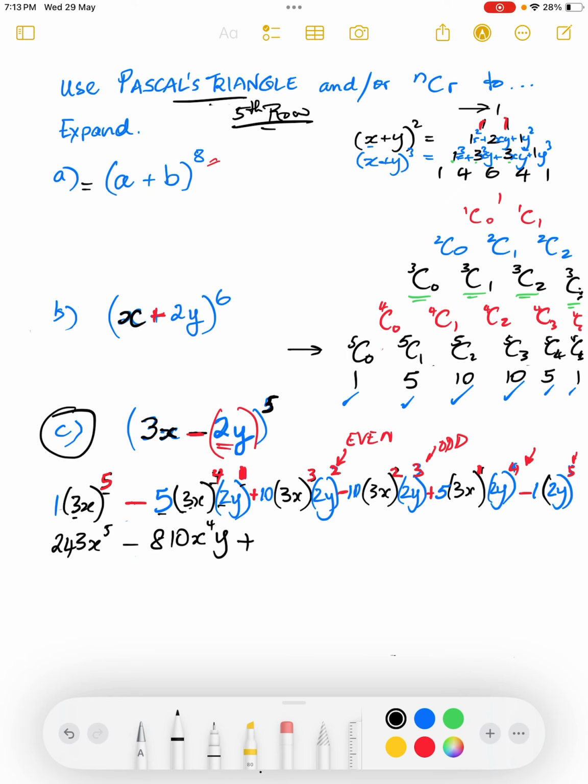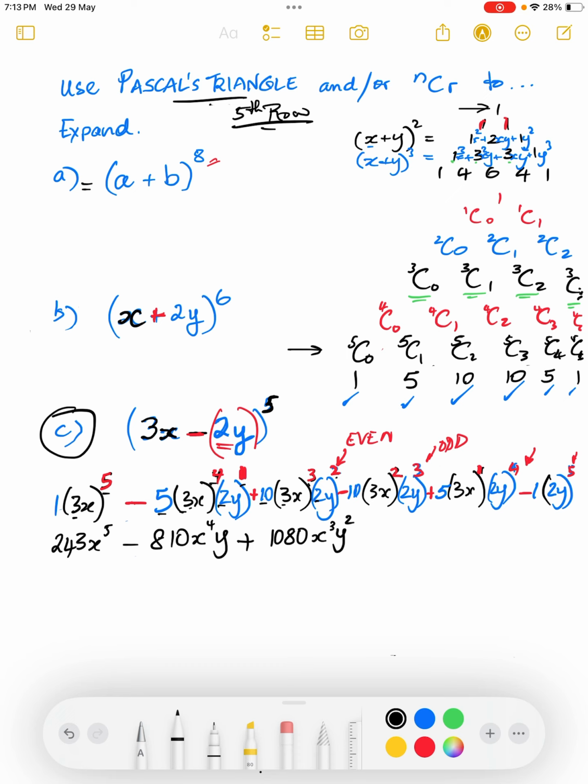Now we've got a plus. 10 times 3 cubed. 3 cubed is 27, times 2 squared, which is 4. 27 times 4 is 108, times 10. So that's 1080. And then we've got x cubed y squared.